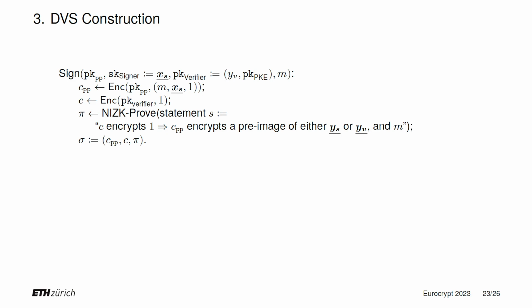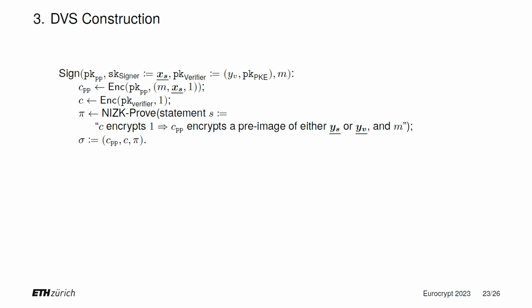Then it encrypts a bit one under the verifier's public key, and uses the NISC to prove the following statement: if this ciphertext C that the verifier can decrypt is encrypting a bit one, then the ciphertext C'', encrypted under the public parameters' public key, must contain a pre-image of either the signer's public key or of the verifier's public key.